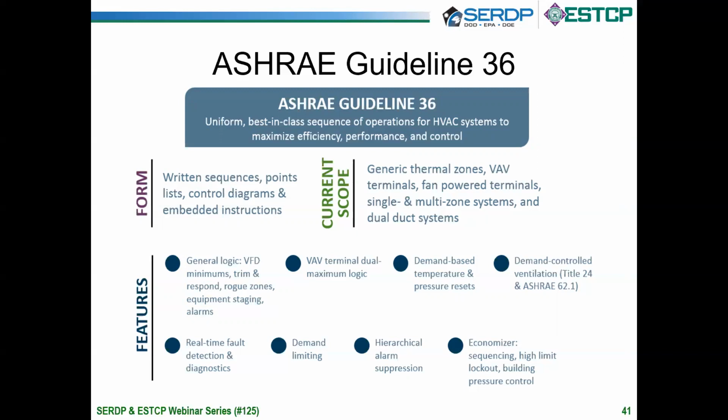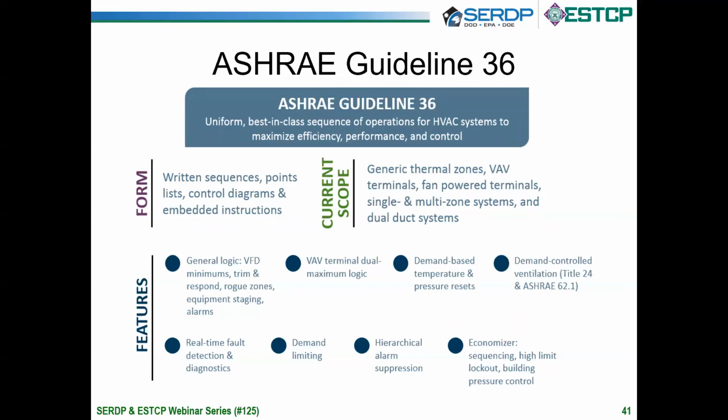The current scope covers air-side HVAC systems for VAV reheat, single zone, and dual fan, dual duct systems. The wet side controls, so controls for boilers and chiller plants, are coming in the near future. They're actually being worked on right now. Some of the key features of the sequences are listed in the bullets there. I'll just touch on a few of them.